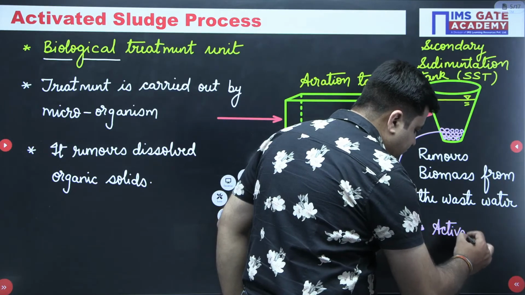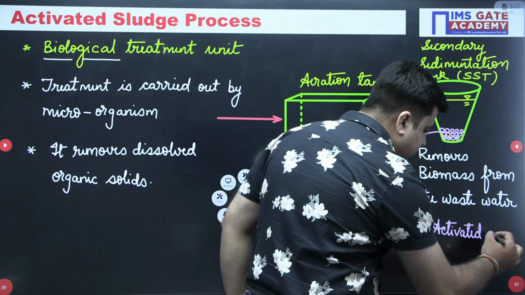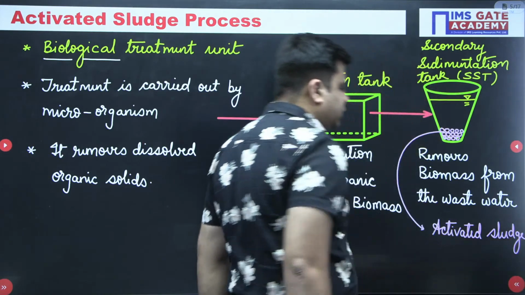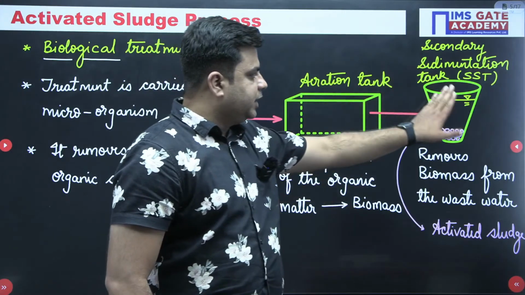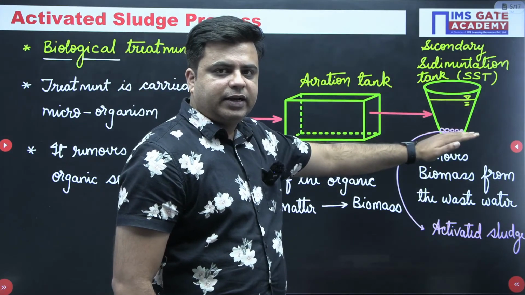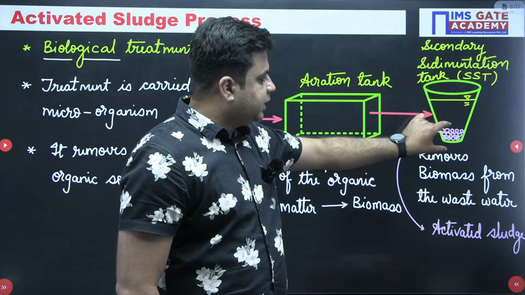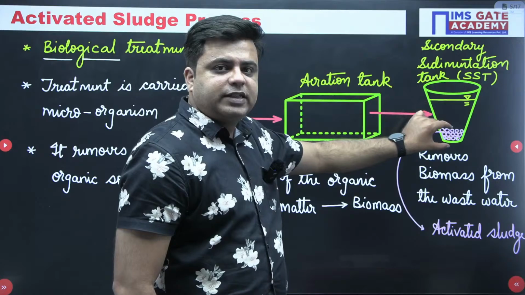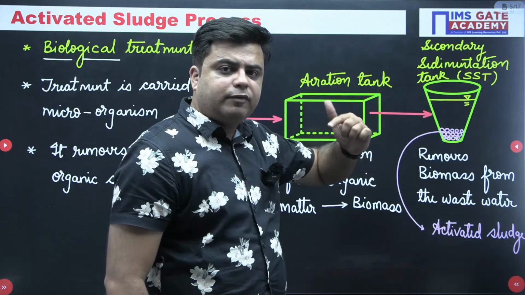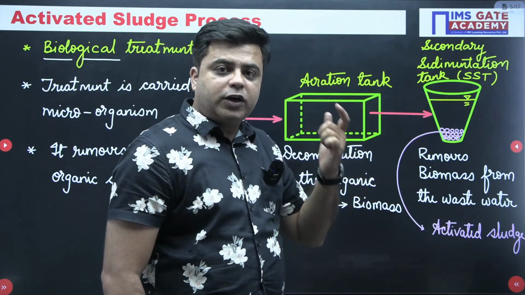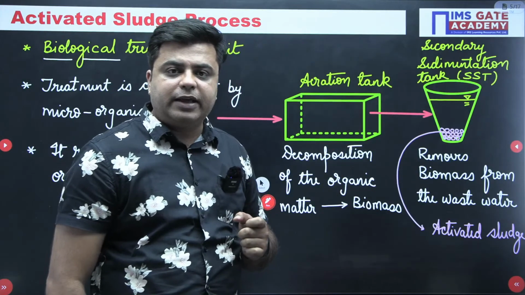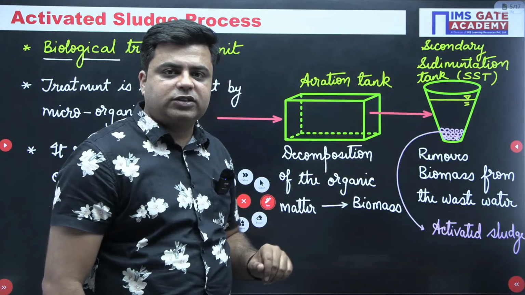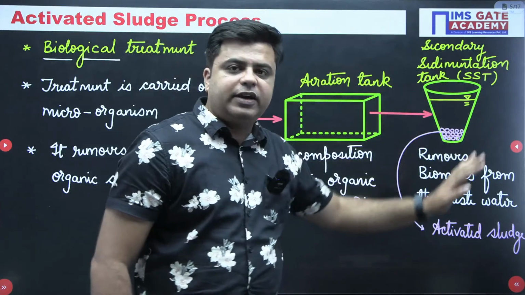Again, I will repeat why it is known as the activated sludge. Biomass is taken into the secondary sedimentation tank and settled out. This settled biomass is known as the sludge. Since it contains active microorganisms which can further carry out the decomposition of organic matter, this sludge is termed the activated sludge. And this is your activated sludge process.